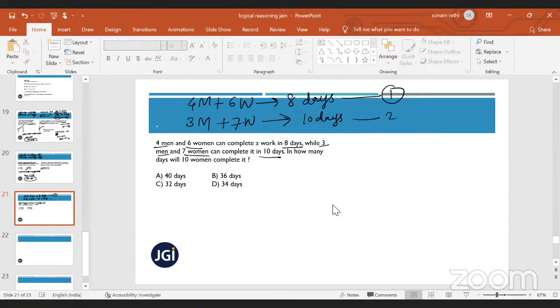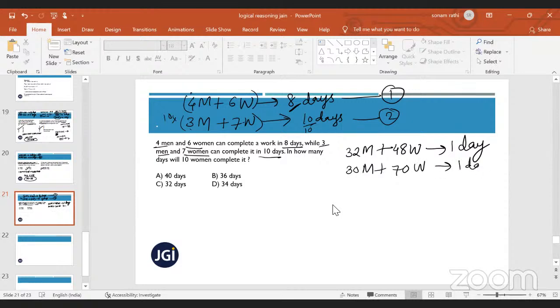How do we compare the equations? We compare the equations by making days 1. To make it 1, I will divide by 8, so I have to multiply this side by 8. 8 fours are 32m, 8 sixes are 48w is 1 day. Similarly, second equation, divide by 10, multiply by 10. So 30m plus 70w is 1 day.